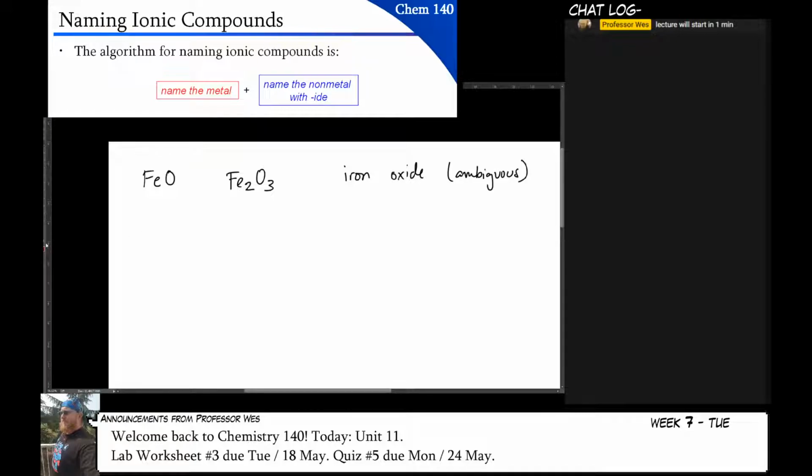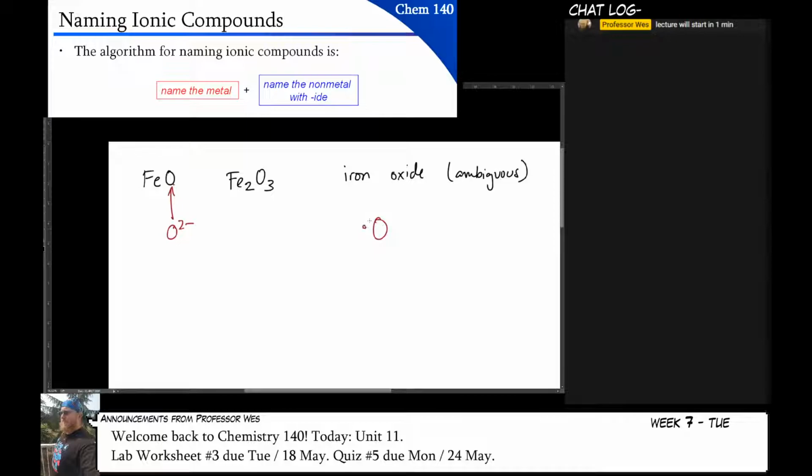And the way that we do that is we have to figure out what the charges are of the things that are involved. Because ions follow the octet rule, if they are in groups 1, 2, or 13 through 18, any element that you find that falls into one of those groups, you know its charge. For instance, oxygen follows the octet rule, and when it's an ionic compound, it will always be like this.